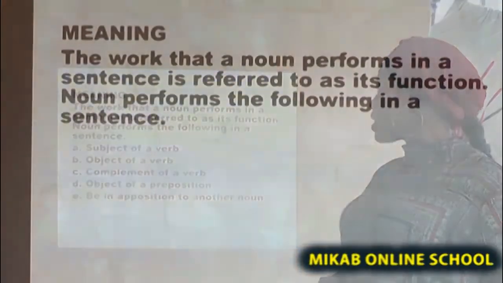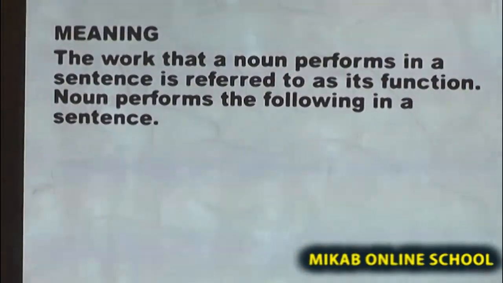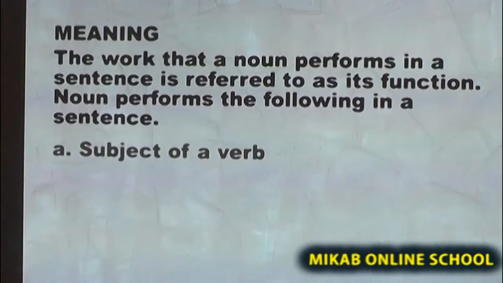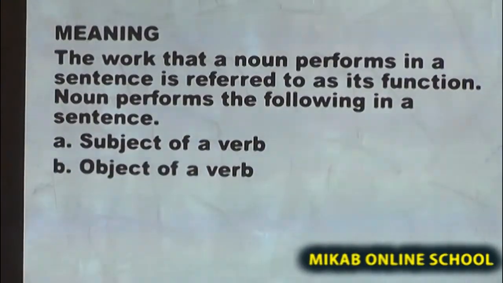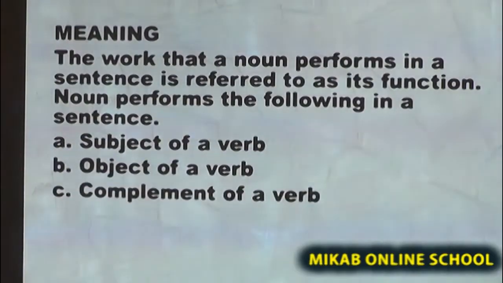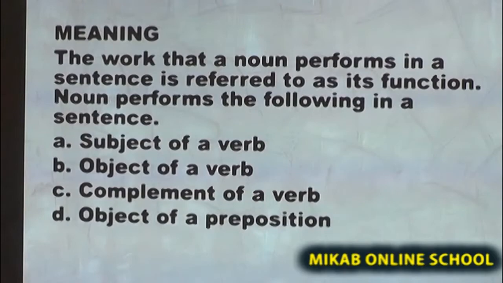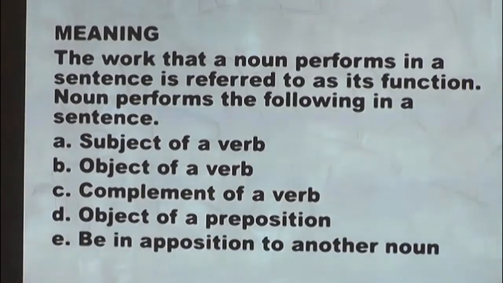At times, a noun can function as a subject of a verb. It functions as object of a verb. It can also function as a complement of a verb, as an object of a preposition, and it can also be in apposition to another noun.